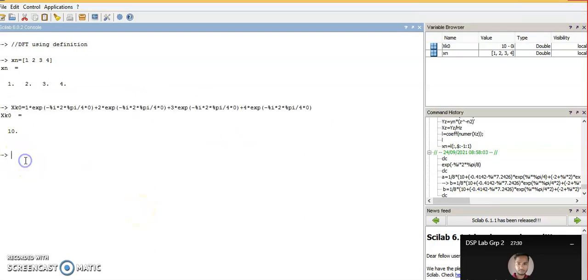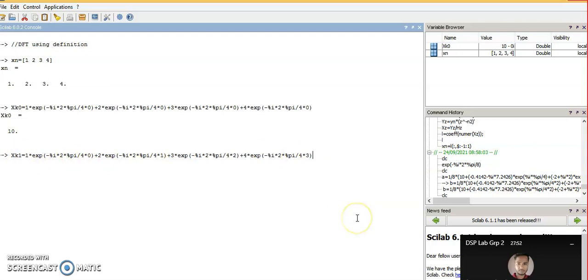Now what will be X[1]? In X[1], n takes the values 0, then 1, then 2, then 3, and the value of k is 1.